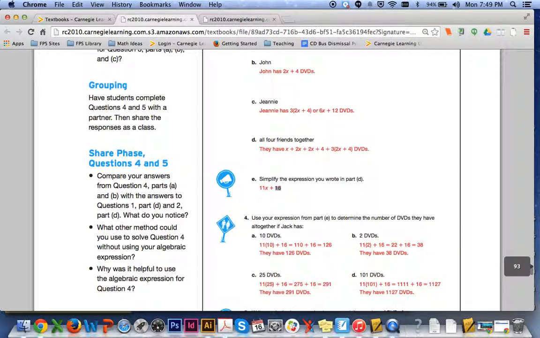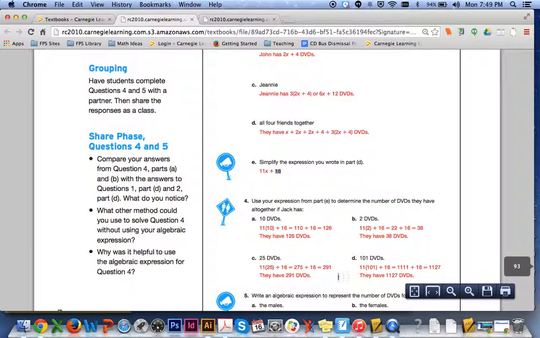And then for C, if you put 25 in for X, 11 multiplied by 25 plus 16, so 275 plus 16 equals 291. And then the last one here, if you put 101 in for X, you'd have 1,111 plus 16, or 1,127 DVDs.